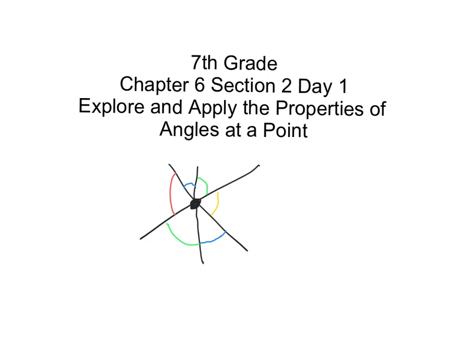It's important to remember everything we've learned so far. If I'm told that this line is a straight line, then I know those three angles add up to what? 180 degrees. If I am told that this line is a straight line, then all of these angles add up to 180 degrees. So you have to be able to look at what you've already learned.